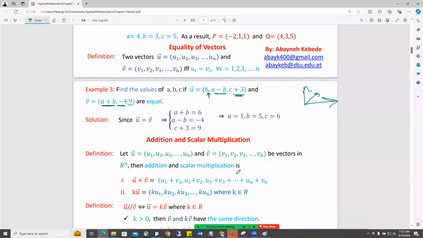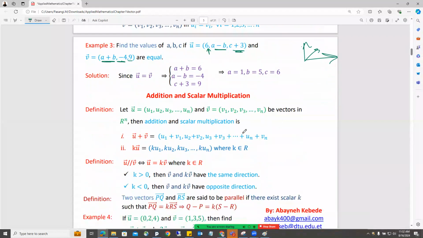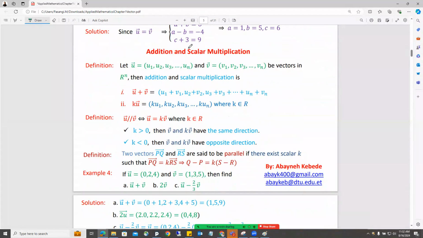Then that is up to this equality of vectors. Then we have the addition and scalar multiplication. So here what will happen? When it comes to addition and scalar multiplication, let's assume first we are doing the addition part. We have two vectors to add.